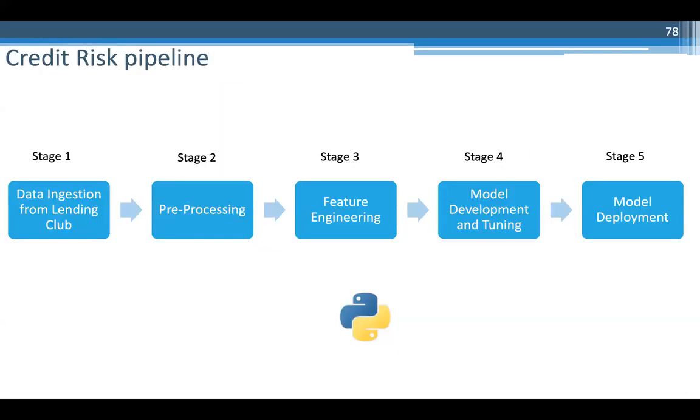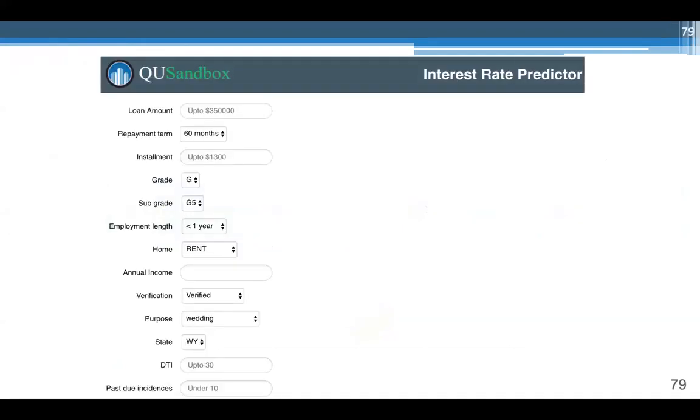And this is the pipeline we're going to build. So we're going to get the data, we're going to process it, we're going to do some feature engineering, we're going to build out a model, and we'll deploy it. Okay. So ultimately, I want to build a tool which looks like this.